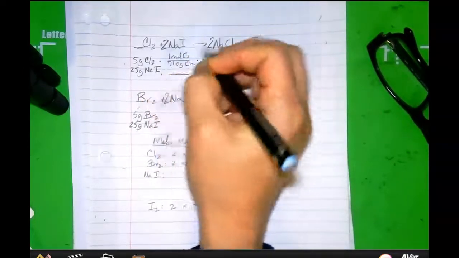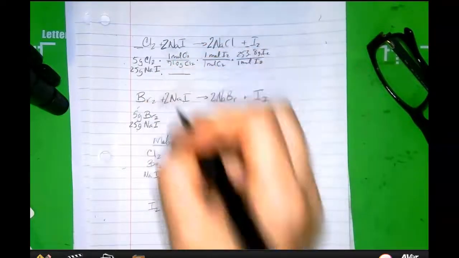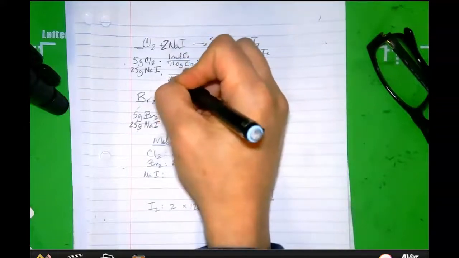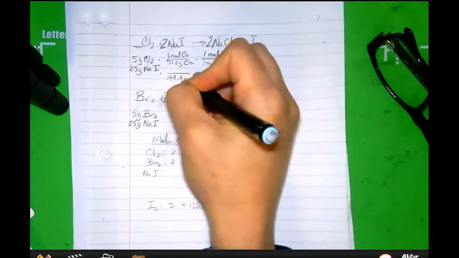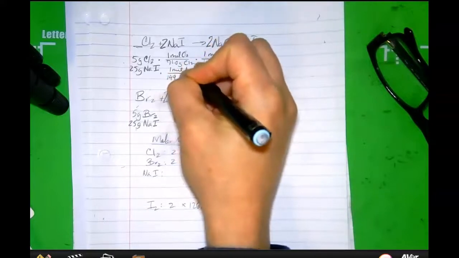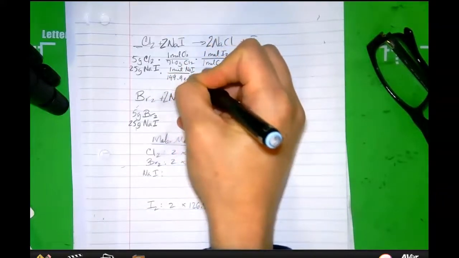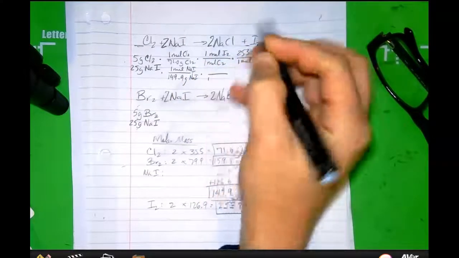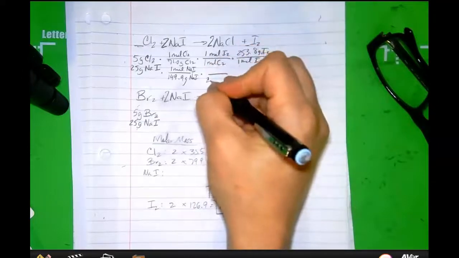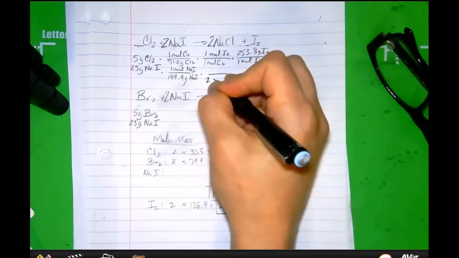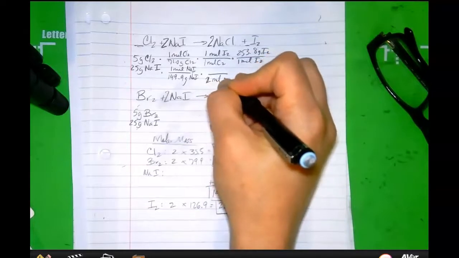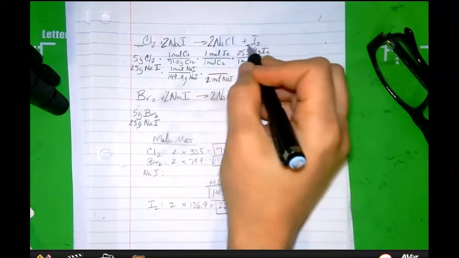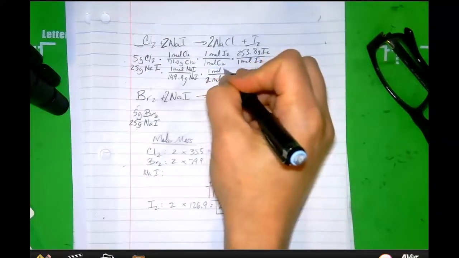The same thing down here, except we have sodium iodide, which is 149.9 grams for every 1 mole of NaI. Convert to moles of iodine. There's 2 moles of NaI for every 1 mole of I2.